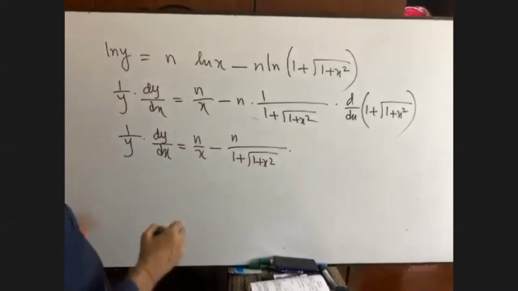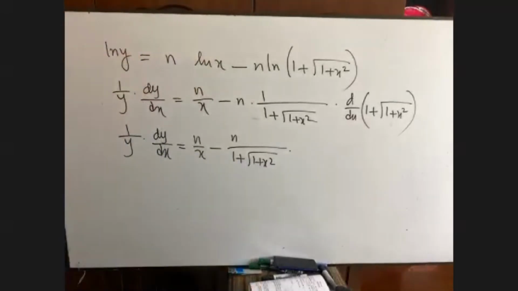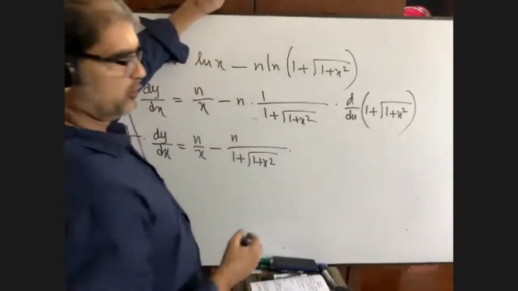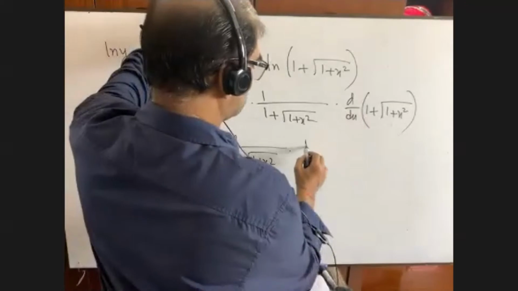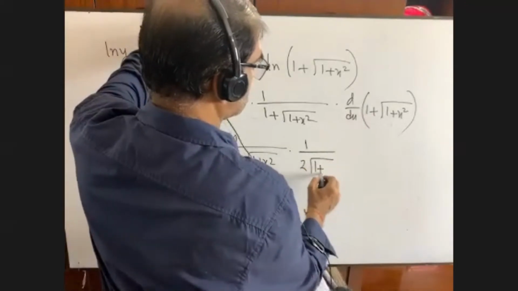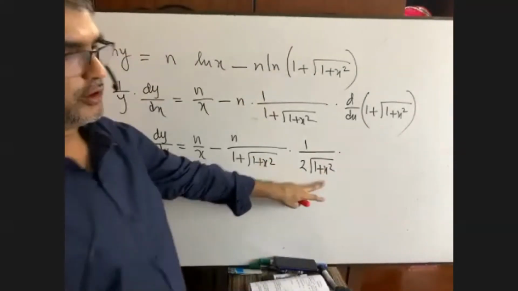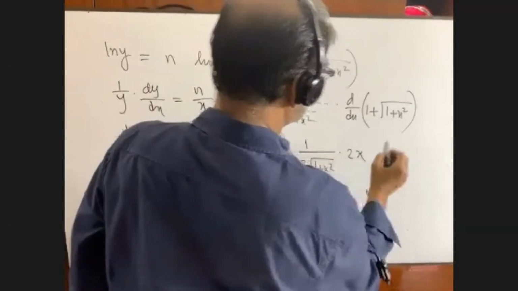Now can you please let me know what will it be? 1 is 0, right? So root over x equals what? 1 by 2 root over x. But here it is x square, so it will be differentiated by 2x.